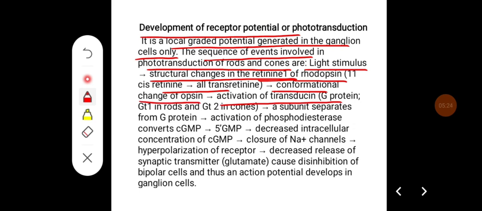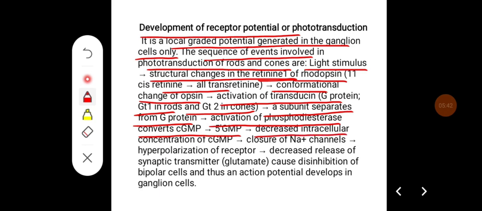transducin, that is G protein, that is GT1 in rods and GT2 in case of cones. The alpha subunit separates from the G protein, and there will be activation of the phosphodiesterase, which converts cyclic GMP into 5-GMP.